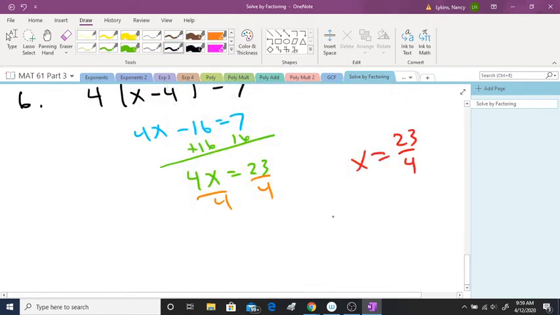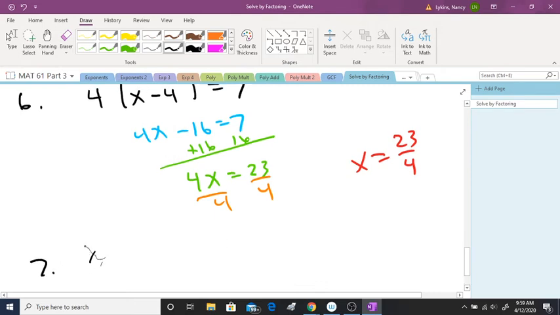And finally, another way that it could look a little different to us is if we have a problem, maybe (7x plus 5).